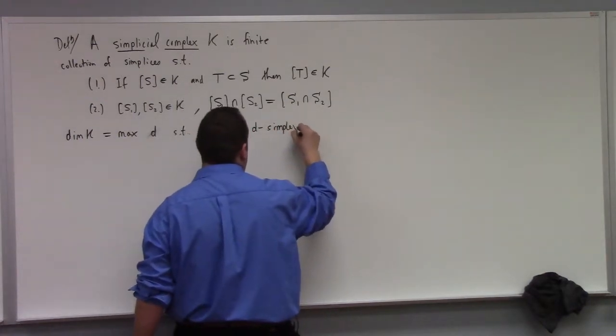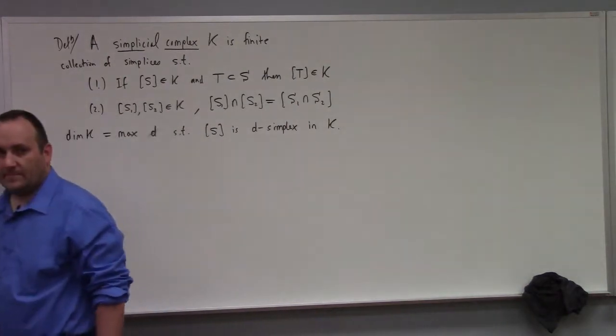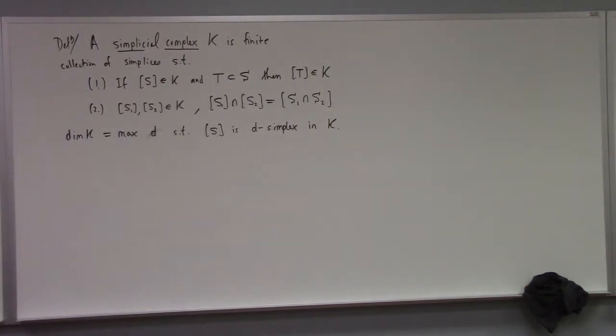I just don't have the words here. That make sense? It's like whatever the largest simplex is in the collection of simplices, that's the dimension of the simplicial complex. He says, intuitively, a simplicial complex is a set comprising a bunch of simplices that are glued together along their faces.